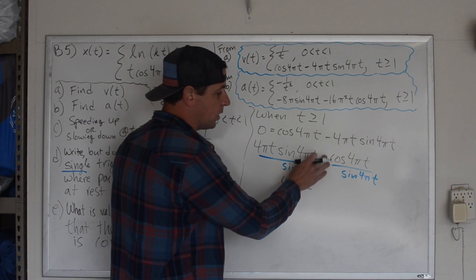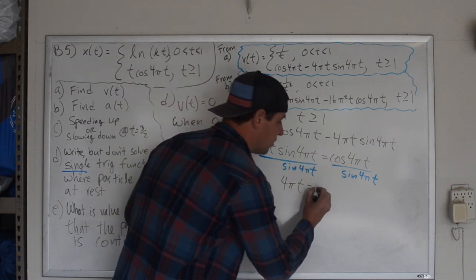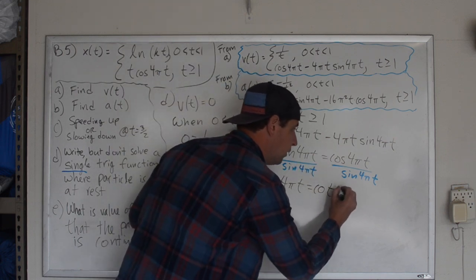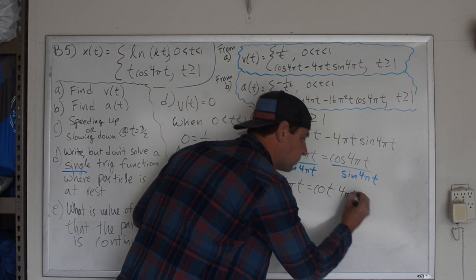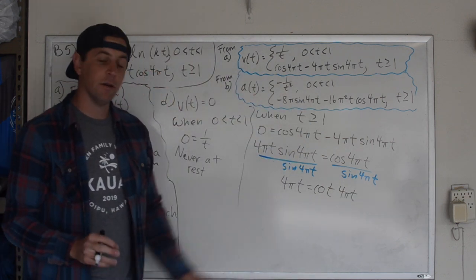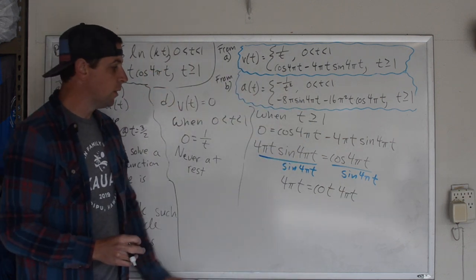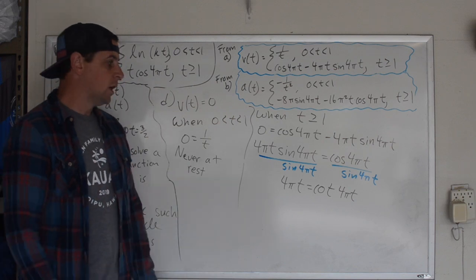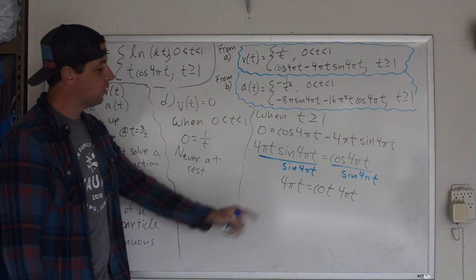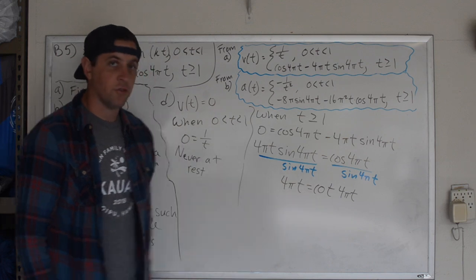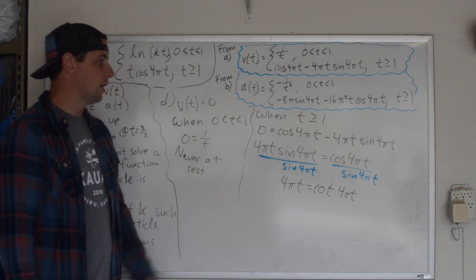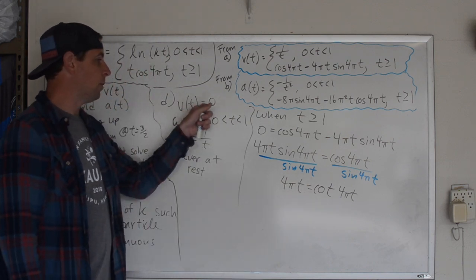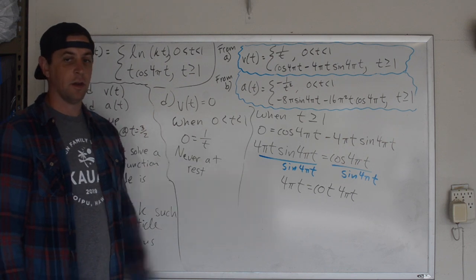And he probably taught you that cosine divided by sine is cotangent of 4 pi t. So at this spot here now, I have an equation. It's not solved yet, and thank goodness we don't have to solve this, that involves a single trig function. And so therefore I have now answered when the particle would be at rest is this equation that I would need to solve.